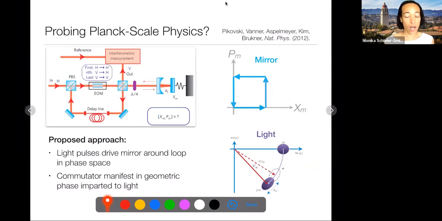So that's the general concept: the commutator dictates a phase that would be picked up when you drive the system around this closed loop.